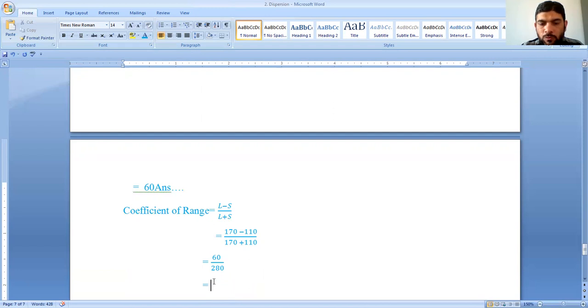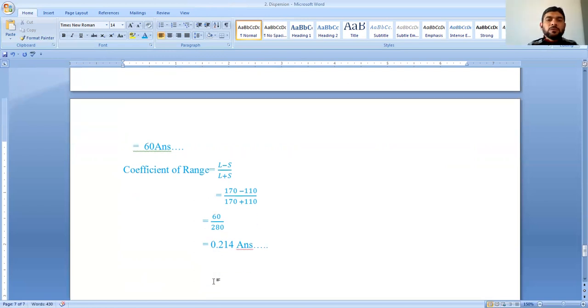It will be 0.214 as the answer. The value of the coefficient always comes in decimal or fraction form, and it will always be less than 1. So we can easily find that the coefficient value is always less than 1.